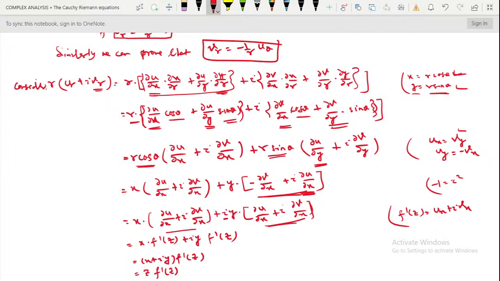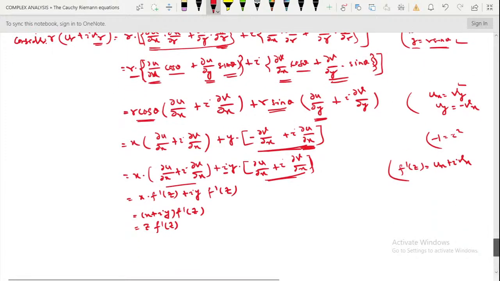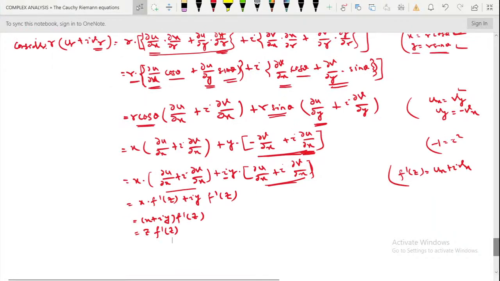So what we got, this is r times ur plus i vr. So r by z, if I divide by z on both sides, r by z whole into ur plus i vr is your f dash z.